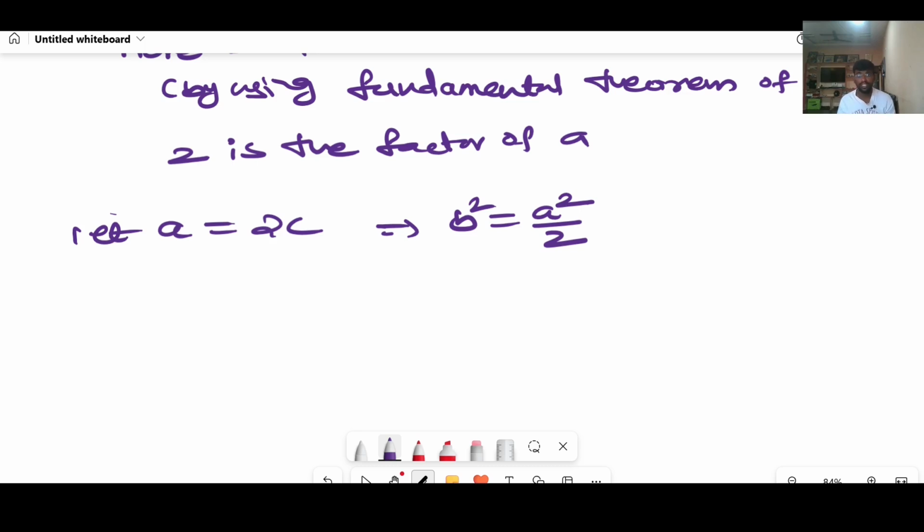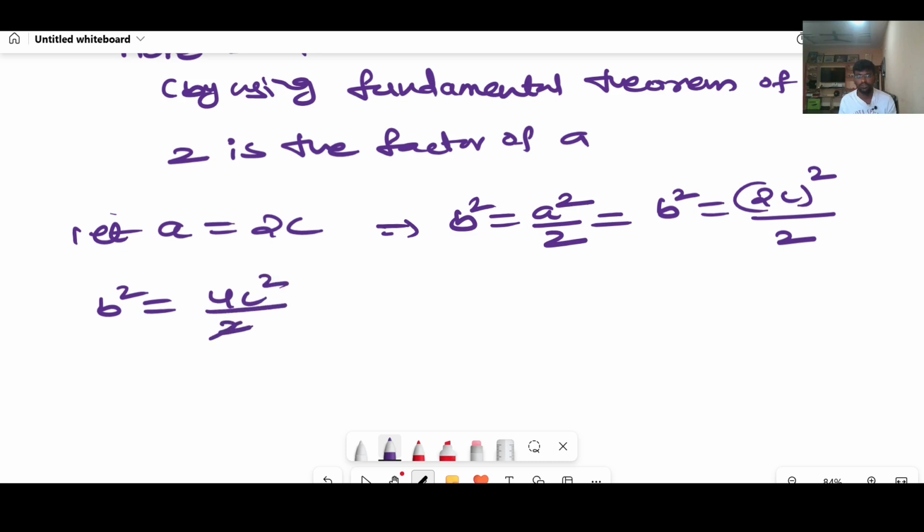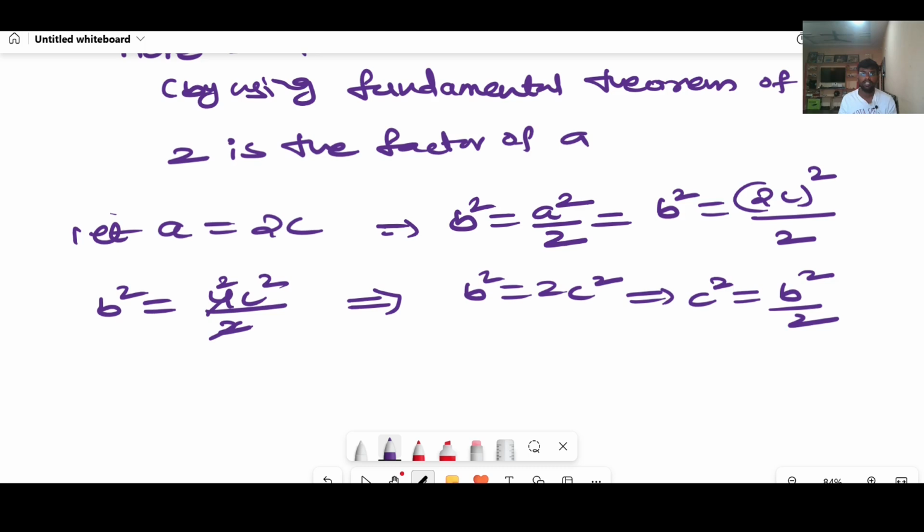Now instead of a, I'm taking 2c, so b square will be 2c whole square by 2, right? b square can be 4c square by 2. I can simplify this as b square equal to 2c square, so c square equal to b square by 2, transposing this 2 towards this side.